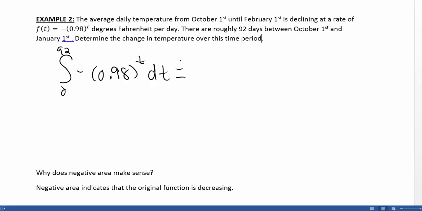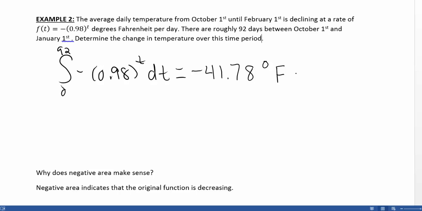So if we carefully enter all of this into our calculator, we're going to get negative 41.78, and this will be in degrees Fahrenheit. So remember, the rate was degrees Fahrenheit per day, but then we were looking over days, so the days units cancel.